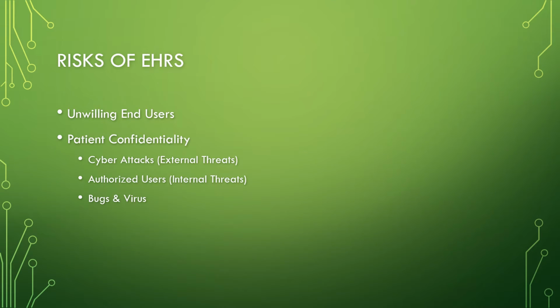Risks of electronic health records. Like most technology, electronic health records are only as good as their end users. One hurdle in the implementation of electronic health records is the physician's willingness to use it. The provider's inaccurate use of electronic health records sometimes came from the provider's unwillingness to be educated.